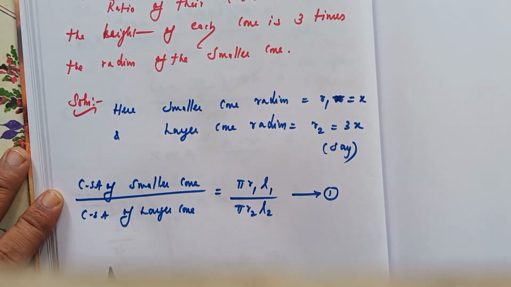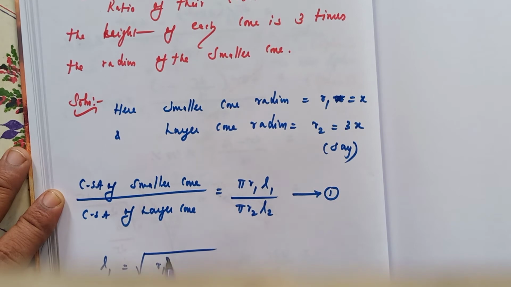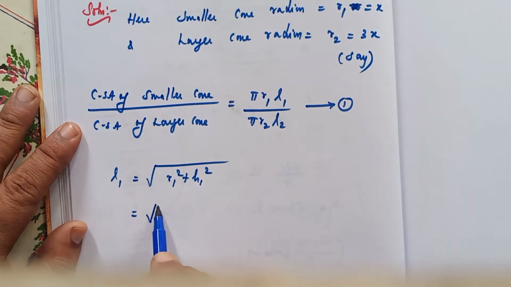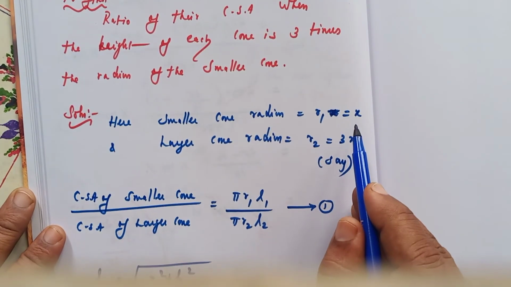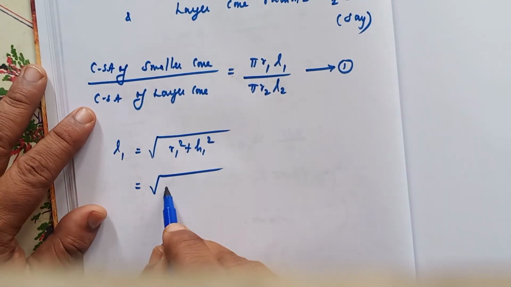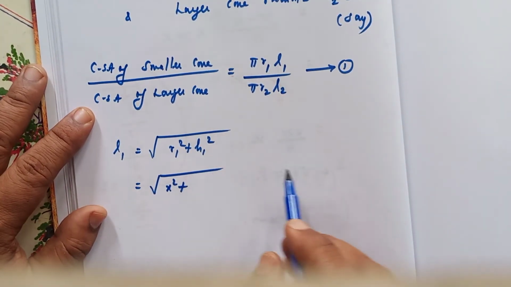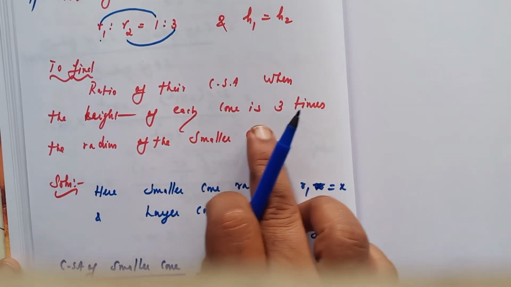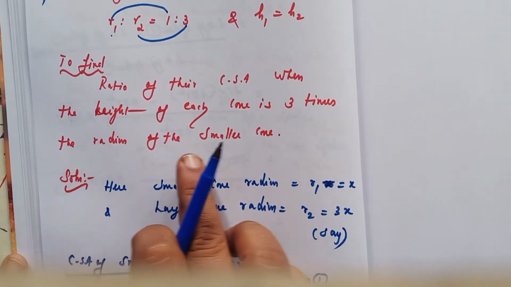Now we can find L1. L1 equals square root of R1 squared plus H1 squared. R1 equals x for the smaller cone, so x squared. H1, what is given? Height of each cone is 3 times the radius of the smaller cone.